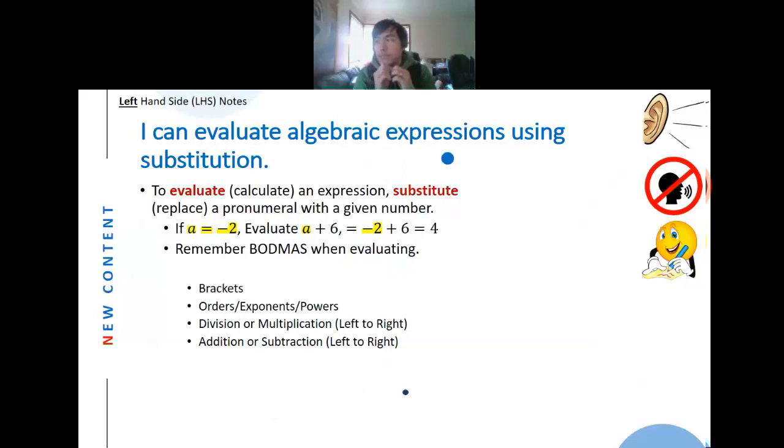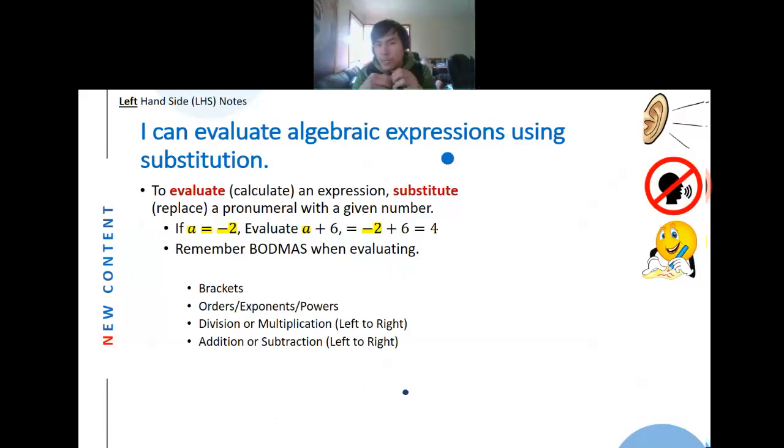So we have -2 plus 6. You can use a calculator if you want to, but it will give you 4. So the value of the expression a plus 6, given that a is -2, is 4. Basically we just calculate the expression.